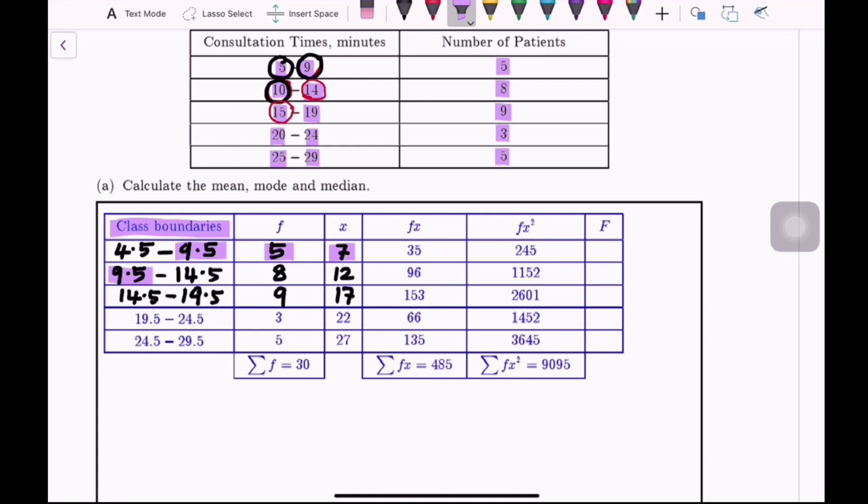Okay, for the next column, we create fx squared. fx squared means we square the class mark, or value of x, then multiply with frequency f. So here we get as given. For the last column, we create capital F, meaning cumulative frequency. Cumulative frequency we determine from the frequency.